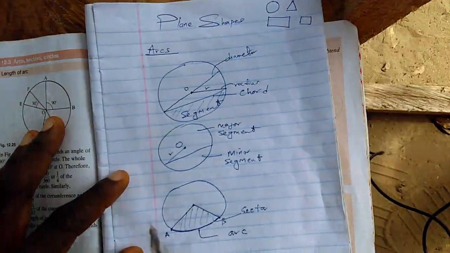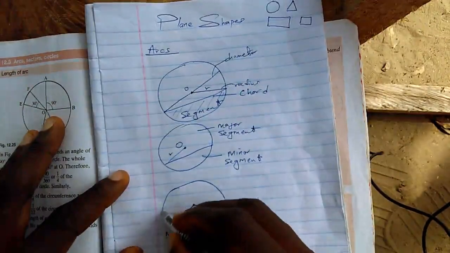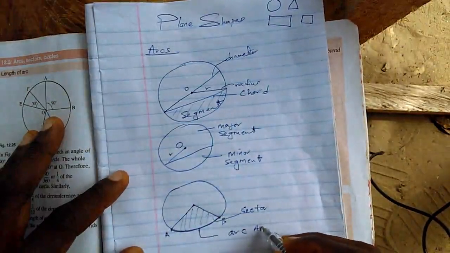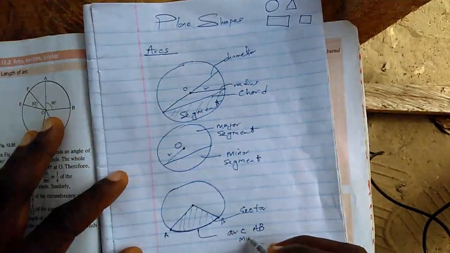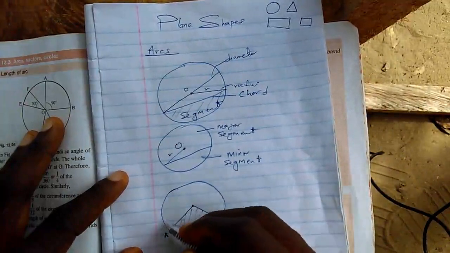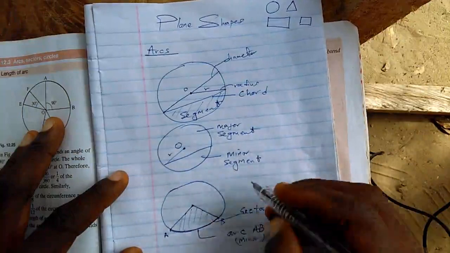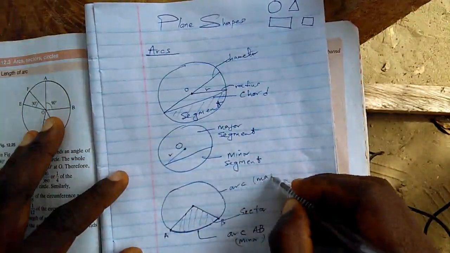That's an arc, the minor arc AB. This remaining part is also arc AB. This other one from A to the other side back to B is also called arc, but it's a major arc.